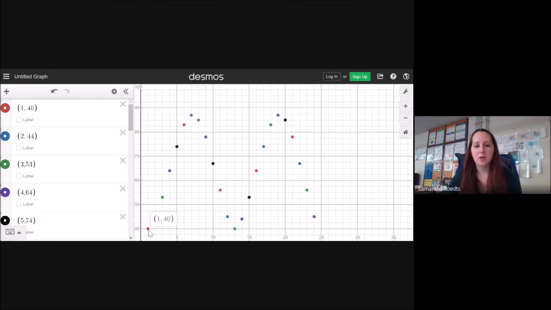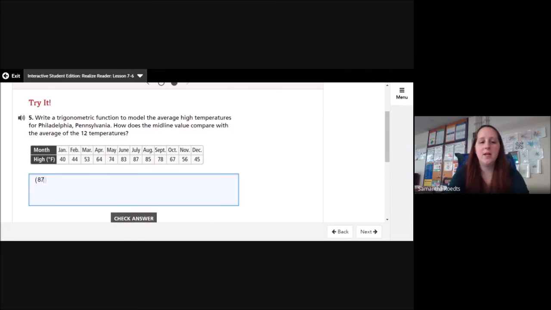So that's my average. So my lowest temperature is 40, and my highest temperature is 87. So I'm going to do 87 plus 40 and then divide by 2. 127 divided by 2, which equals 63.5.